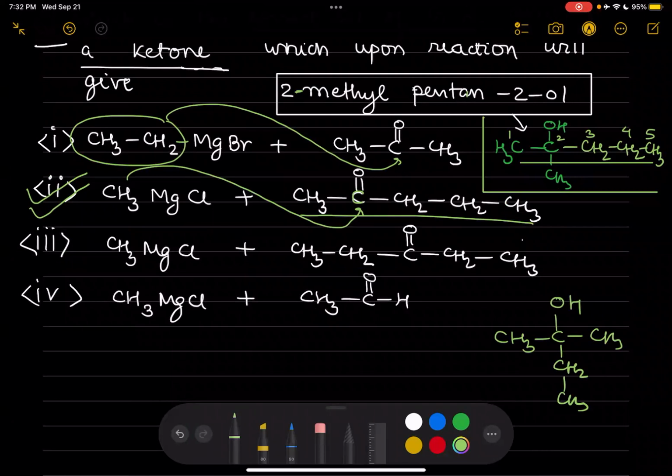So if you count the longest chain, 1, 2, 3, and 4. The longest chain doesn't have 5 carbon atoms, it is of 4 carbons. So this is 2-methyl butane 2-ol. But in the question we have written pentane 2-ol, meaning 5 carbon atoms. Clear? Yes.